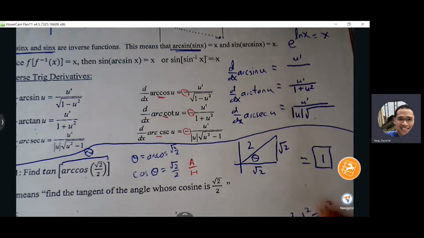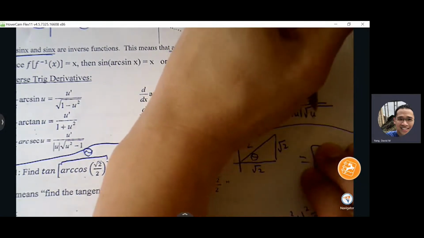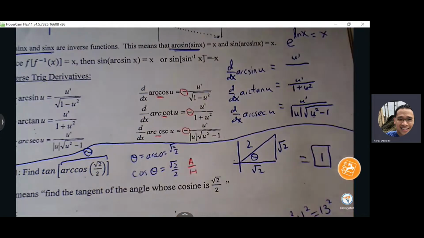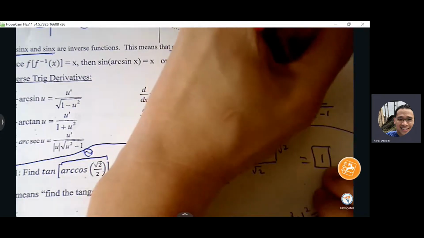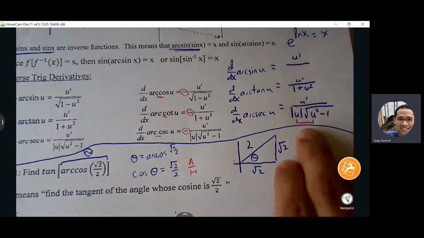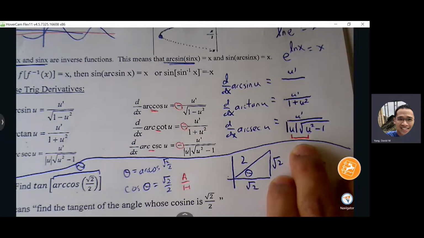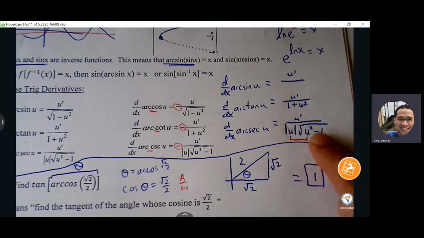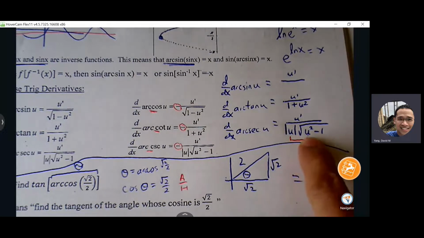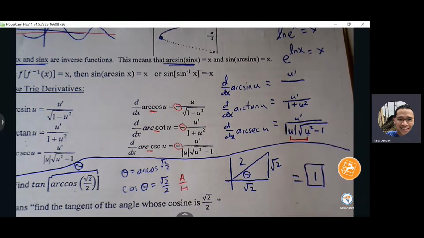So what helps me remember is that for arcsecant, the u's are sitting next to each other. If I remind myself that the u's are next to each other, then I know it's u squared minus 1.